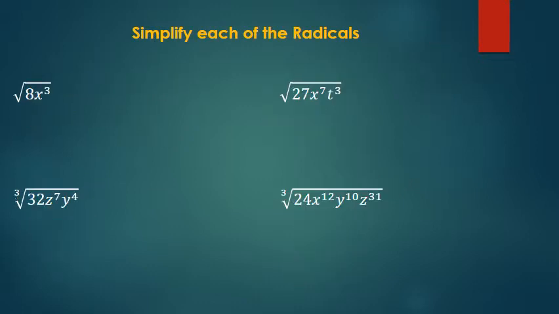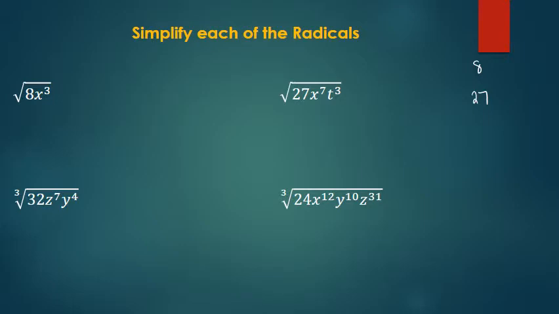Now we're simplifying radicals, but this time we have a combination of numbers and variables. So we're going to do the same thing with our list of perfect squares and cubes. I've got 4, 9, 16, 25, 36, 49, and so forth. Perfect cubes, I have 8, 27, and again, you can continue those lists longer if you need to.